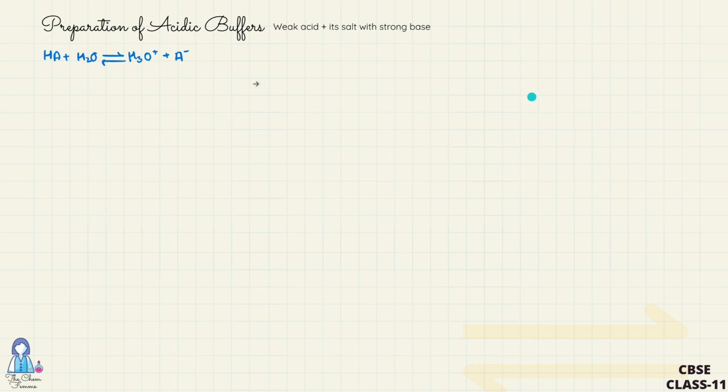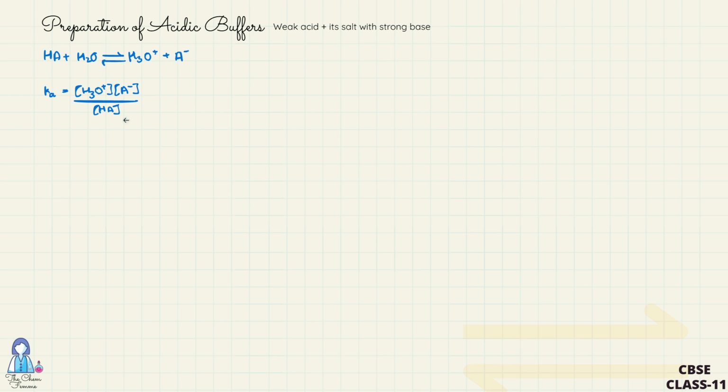Okay, so first of all, we're taking this equation: HA plus H2O gives rise to H3O plus and A minus, where HA is a weak acid, right? So the value of Ka for this chemical equation is equal to the concentration of H3O plus times the concentration of A minus, divided by the concentration of HA.